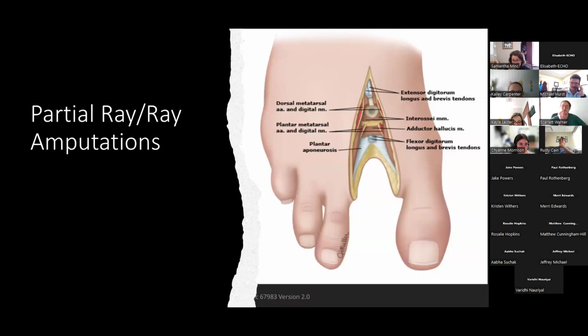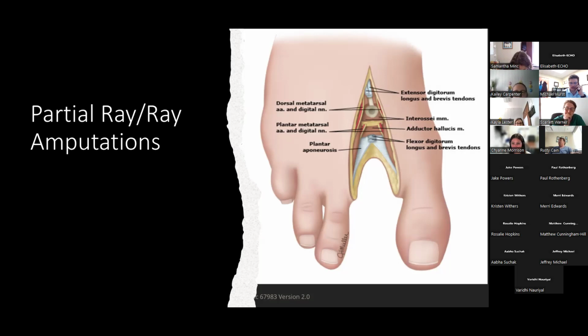All right. So next is the ray or partial ray amputations. As we move back into the metatarsals here, a lot of times we're performing these more so on the first or fifth partial ray, but it does occur sometimes if we have those middle metatarsal pressures where offloading's not worked, or they've let it go so far that they do have some osteomyelitis within those metatarsal heads.